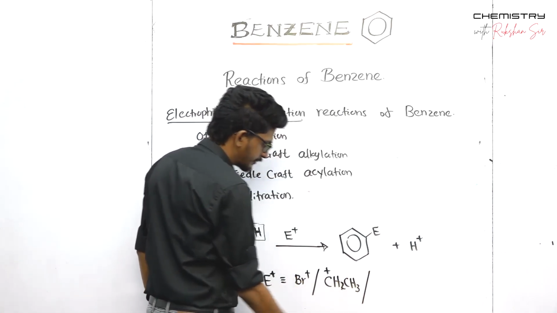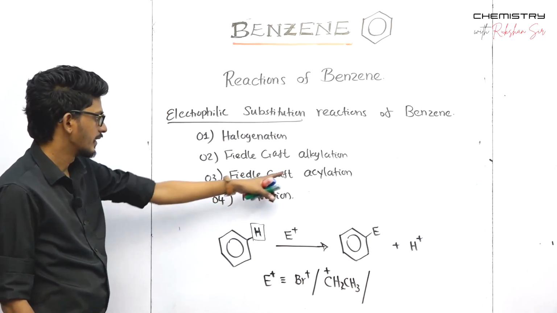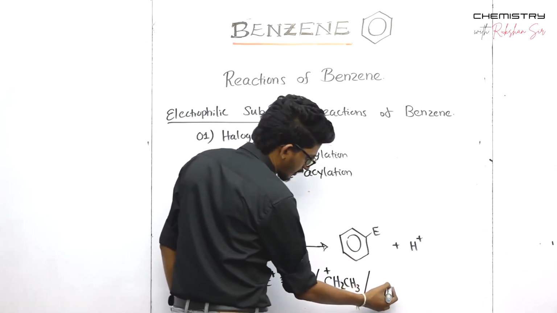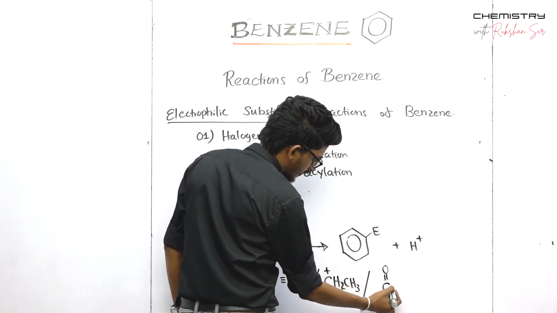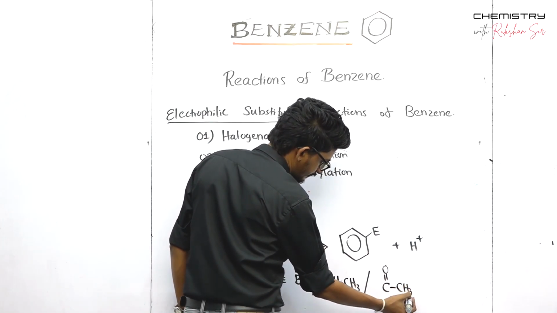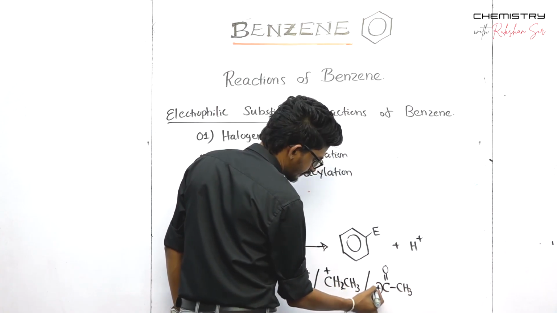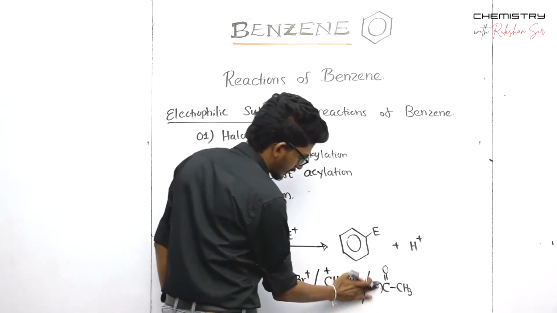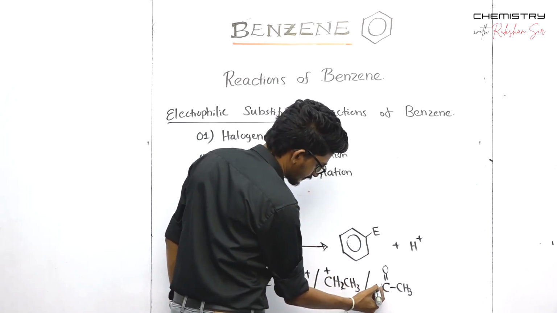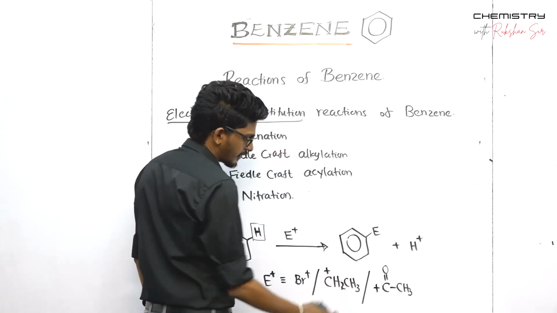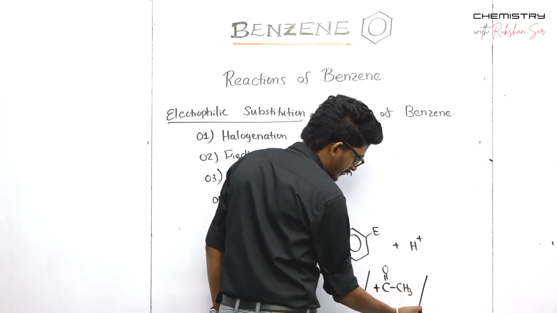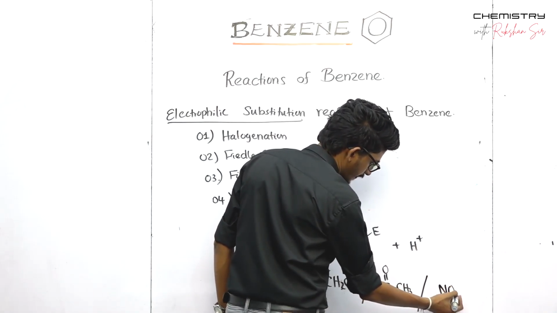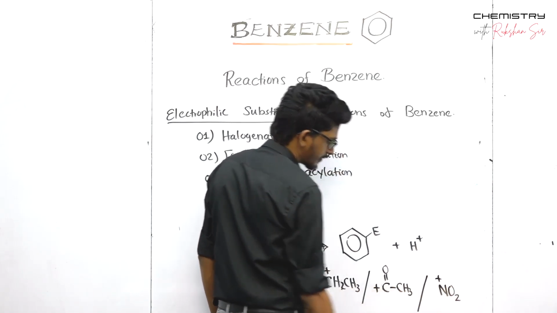So if you think of acylation, the electrophile is going to be a ketone group. If you think of nitration, the electrophile is going to be NO2 plus.